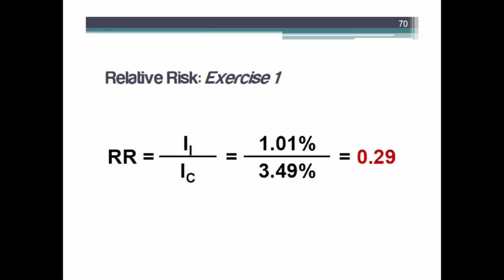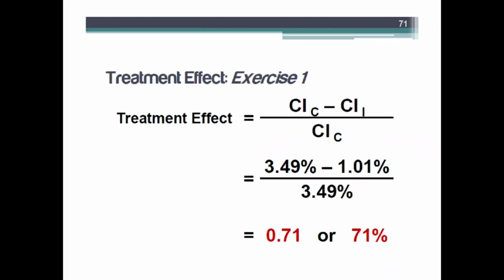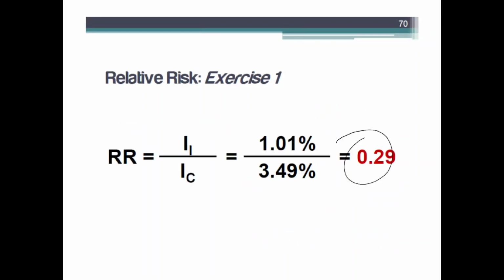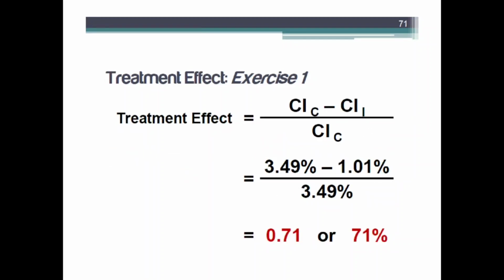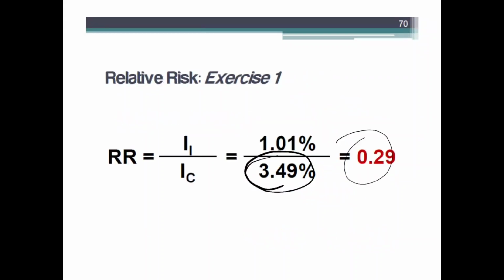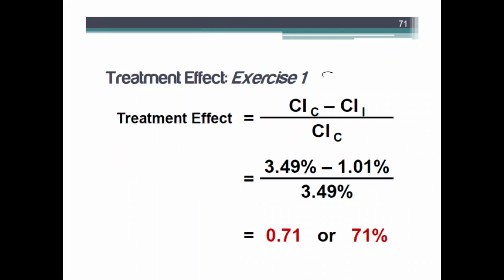So, relative risk, divide, tapos meron ka ng relative risk value. So, yung treatment effect, ito na yan. Yan. So, yung CIC minus CI1, so 3.49, yung IC yan, no? Minus yung intervention, 1.01, ito. Okay? So, 3.49% minus 1.01 over 3.49.